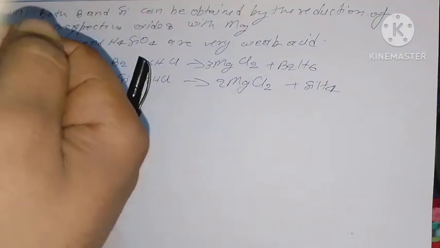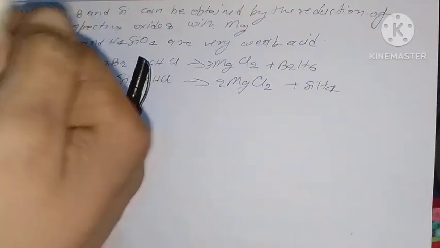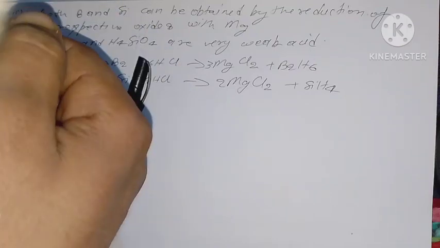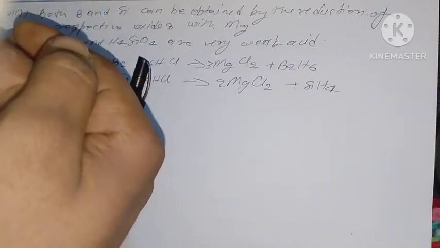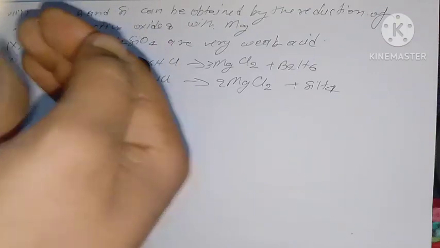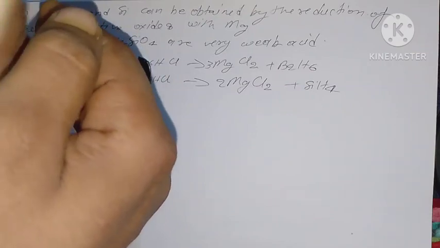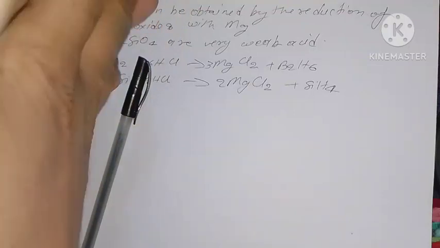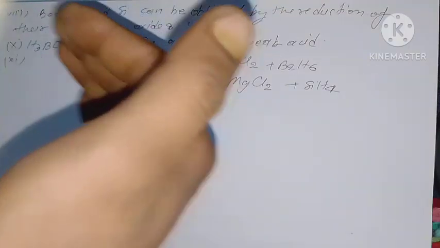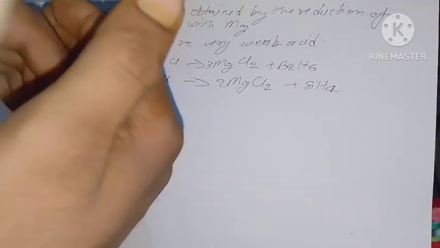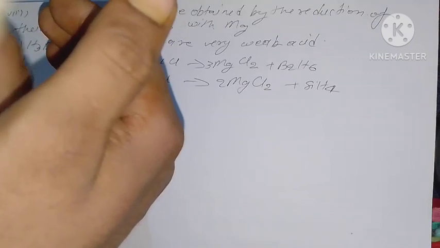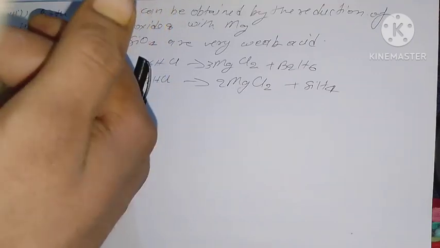Both form covalent hydrides: boroethane B2H6, silicoethane Si2H6, borobutane B4H10, and silicobutane Si4H10. Boron and silicon combine with metals to form borides and silicides respectively, Mg3B2 and Mg2Si.